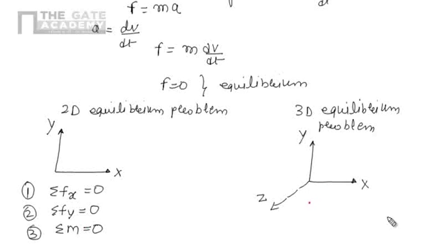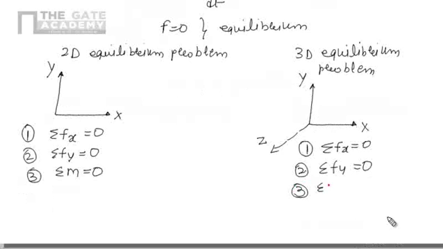Similarly, for 3D equilibrium condition, algebraic summation of all forces about x should be 0, about y should be 0, and about z should be 0, because there is one additional direction for 3D problem, and moment of all the forces about any point should be 0.